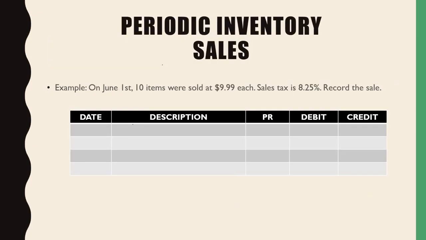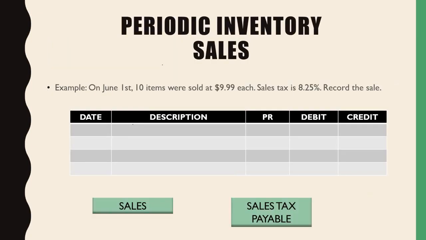Now, I have a question for you. When you receive sales tax, do you own it? Is it yours? No. Whose is it? Government. It belongs to the government. But what you're doing here is when you collect sales tax, you are actually holding on to the money temporarily. And we're going to categorize sales tax payable as a liability because it's not your money.